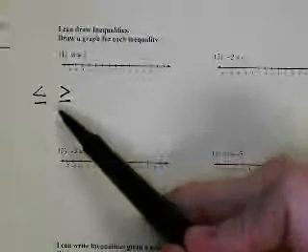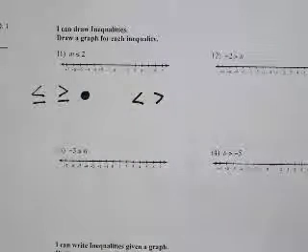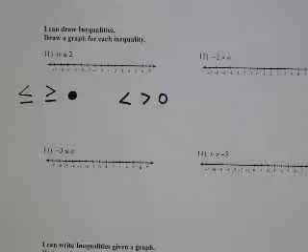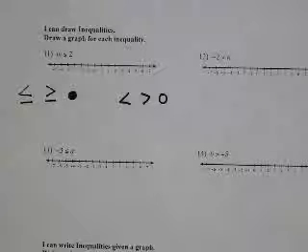If you have one of these two signs, you're going to fill in the dot. It'll look like this on the number line. If you have a less than or greater than with no line underneath it, then you have an open dot. So for instance, on number 12, you would have an open dot. On number 13, you would have a closed dot.